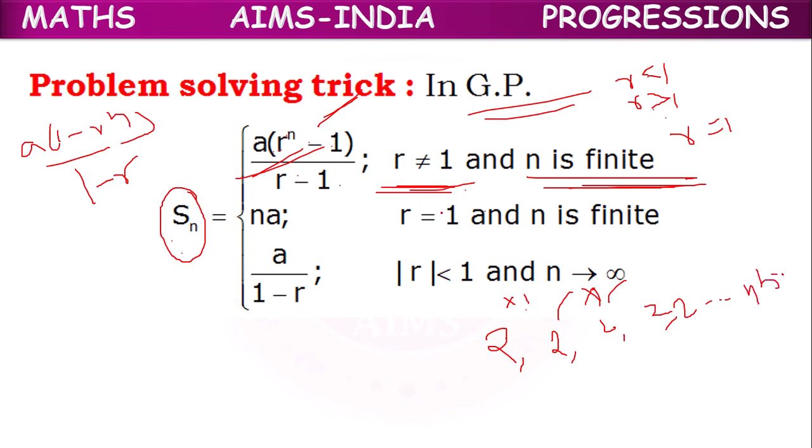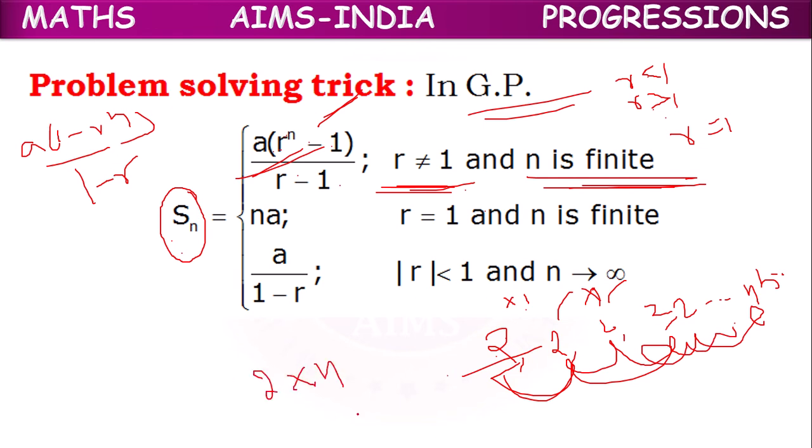If r is 1, all terms will be the same. As the first term is 2 repeating n times, the sum is 2 into n, or n into the first term a. So if r equals 1 and n is finite, there is no need of a formula. We can directly find the sum with the simple product na.